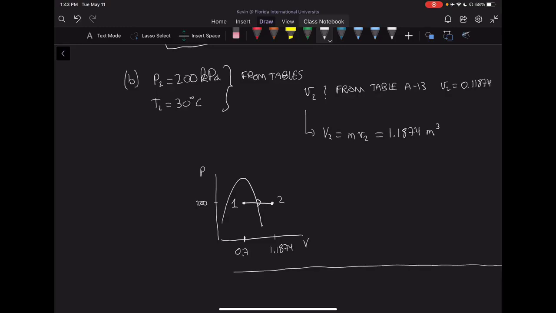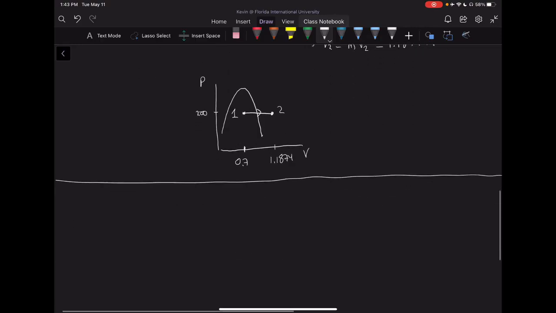So now let's go on to the ideal gas equation of state. So we're going to talk about the ideal gas equation of state.